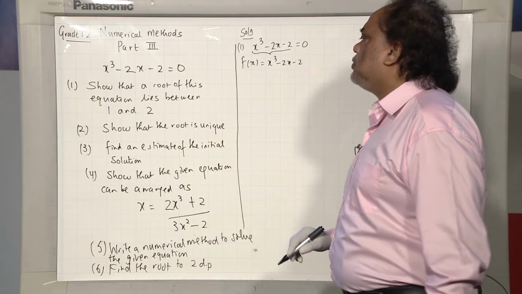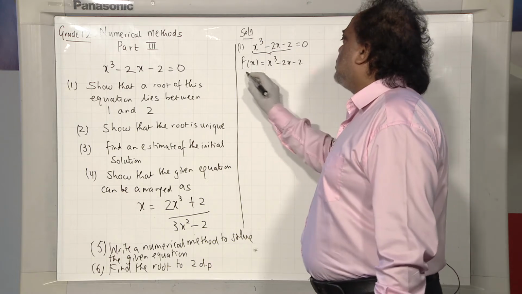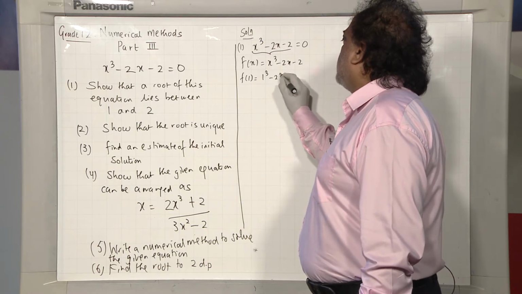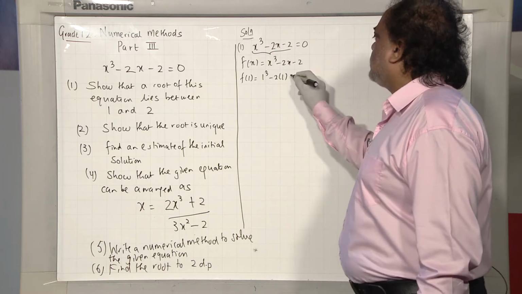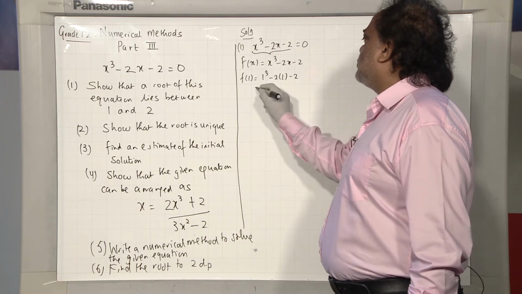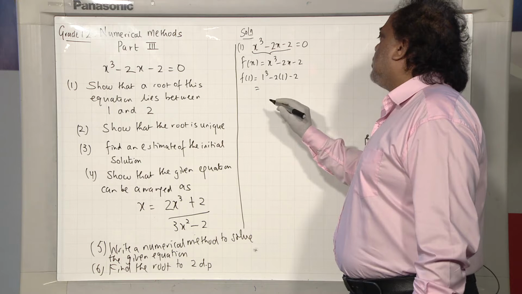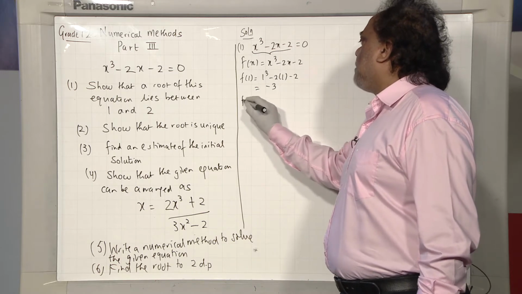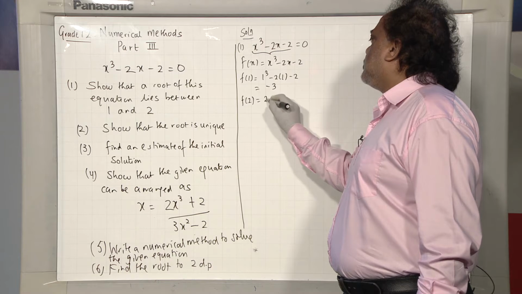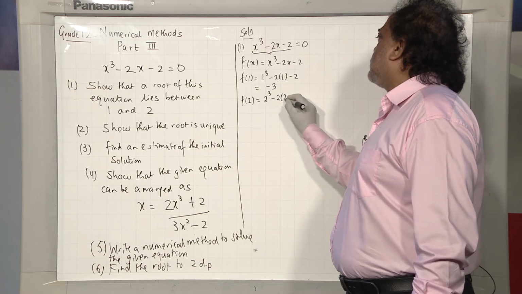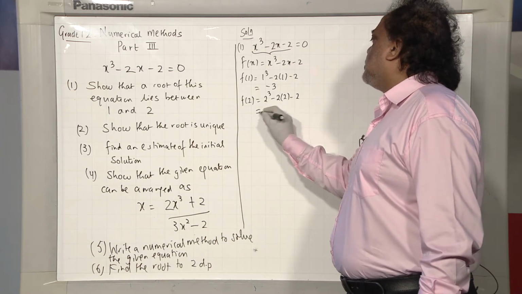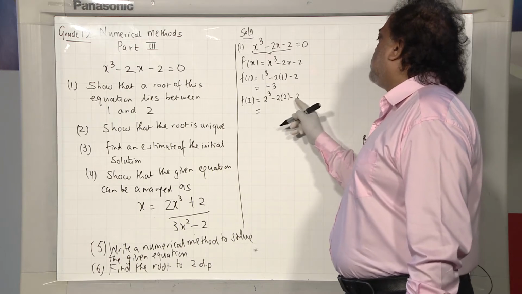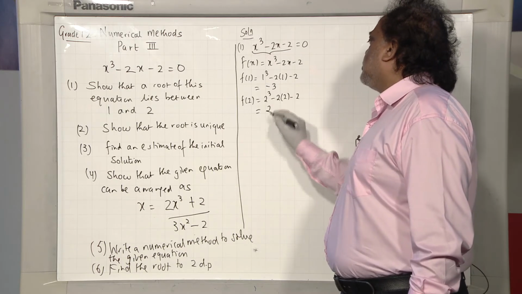We are told to prove that the root lies between 1 and 2. So I calculate f(1): 1 cubed, minus 2 times 1, minus 2. So 1 minus 2, minus 1, minus 1 minus 2, minus 3. f(2): 2 cubed, so this becomes 8. 8 minus 4, 4. 4 minus 2, 2.